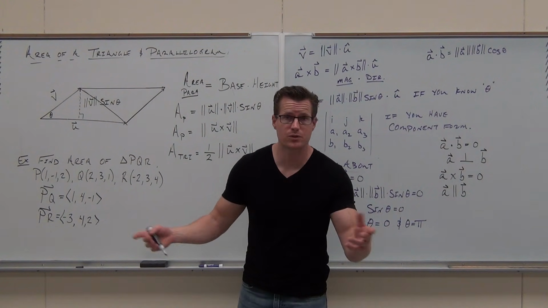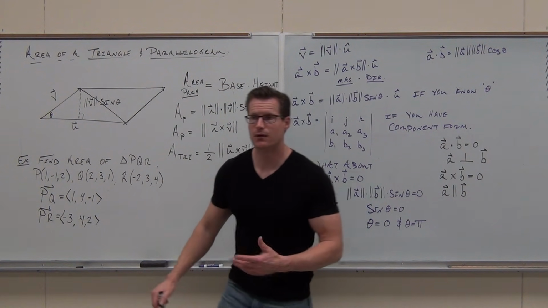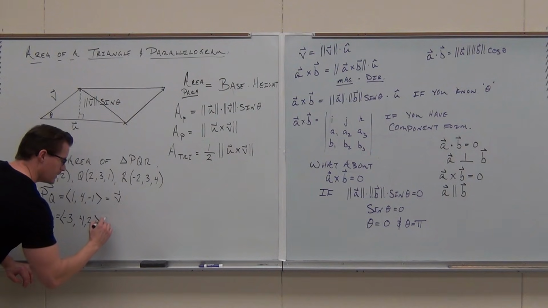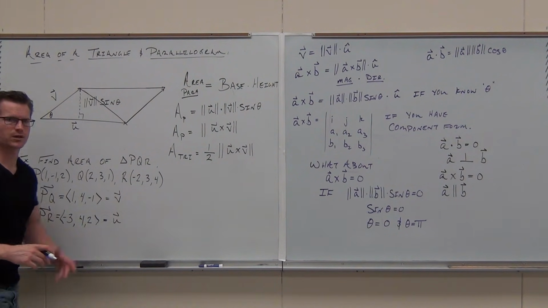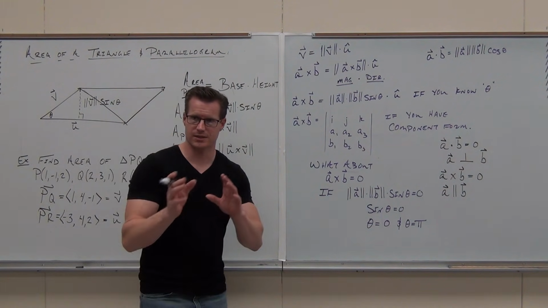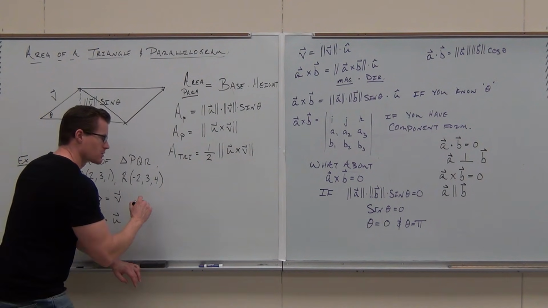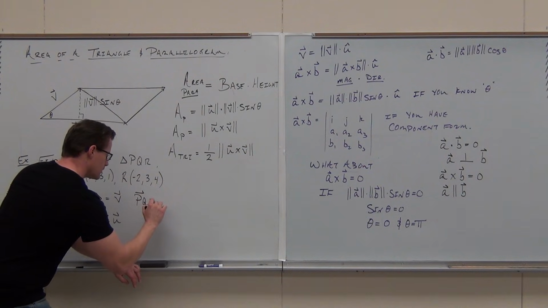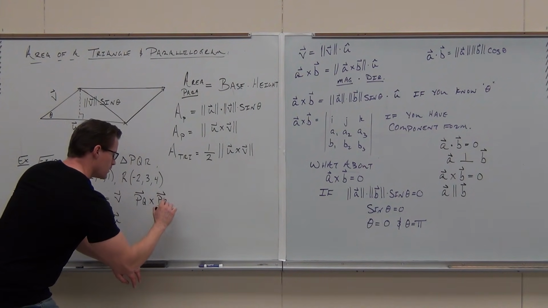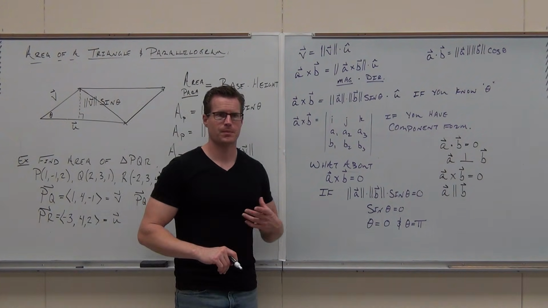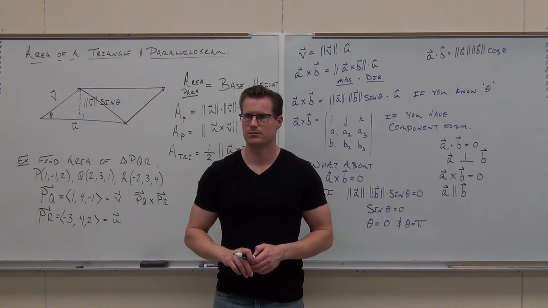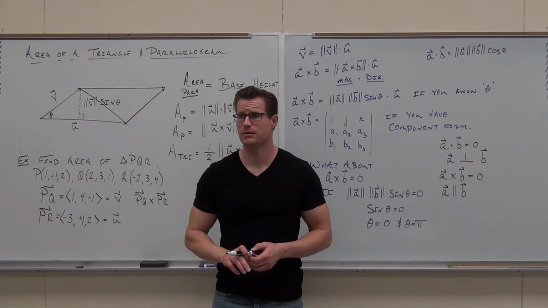If it helps you, and you're like, man, I don't know about PQ, well then call this one vector V and call this one vector U. I don't care what you call them. But at some point, you're going to have to do the cross product in order to find the area of a parallelogram.